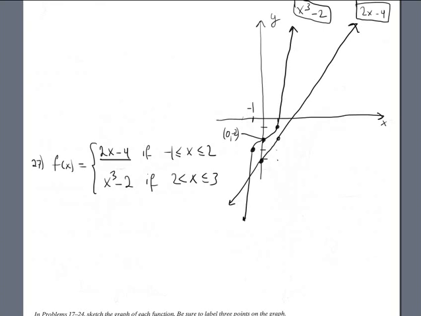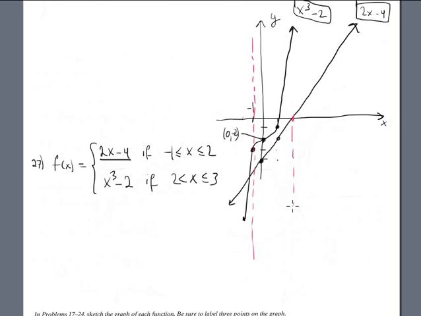Now the transitions are, let's see, negative 1 is one transition. Another transition is positive 2, 1, 2 here, positive 2 is here.